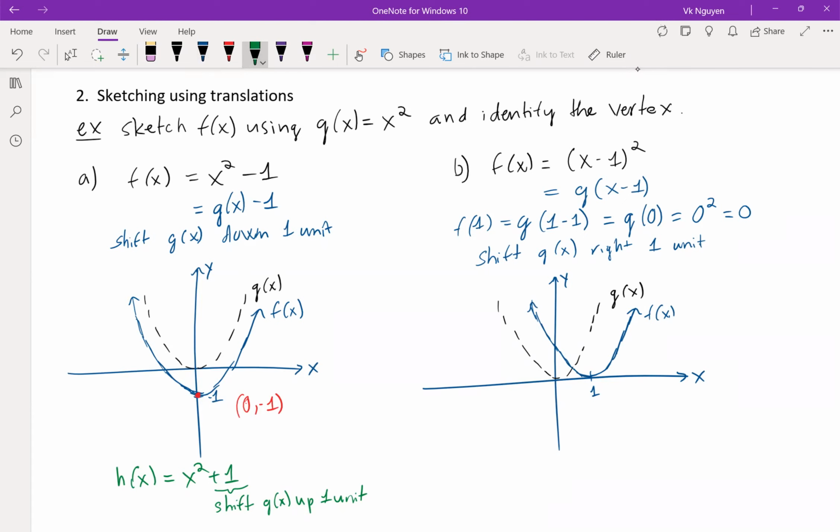Well, if we have h(x) equal to (x plus 1) squared, and the plus 1 is the same as x minus negative 1, squared, then we shift left 1 unit.